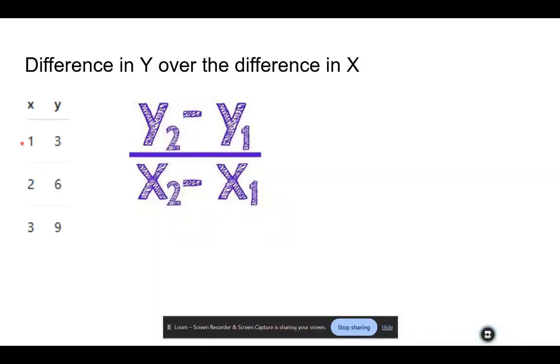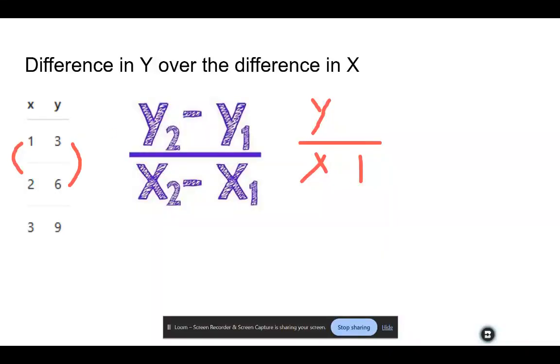You got the hang of asking what's the difference between these two? What is happening between 1 and 2 for x? Remember, the formula we were doing was y over x, and we put the change in x. So what's the change from 1 to 2 for x? The change right there is 1.